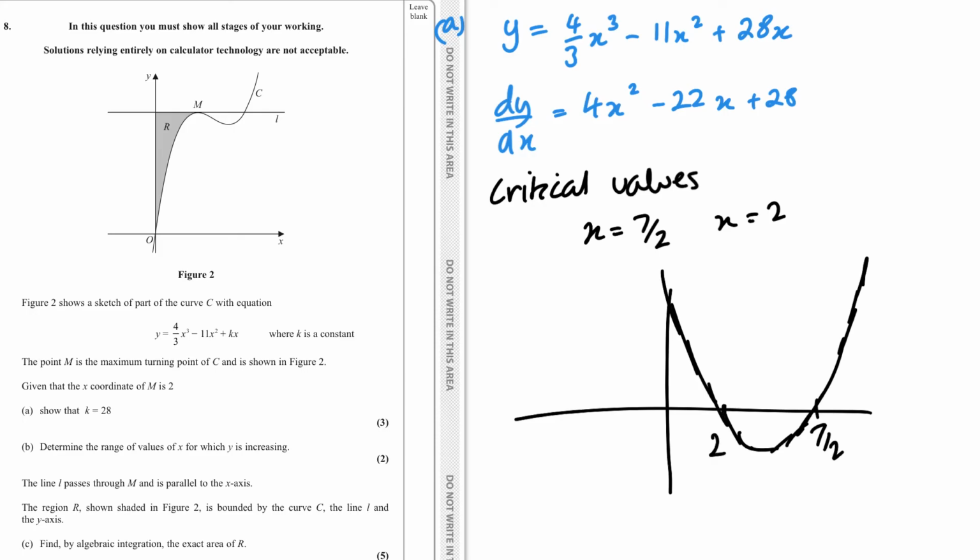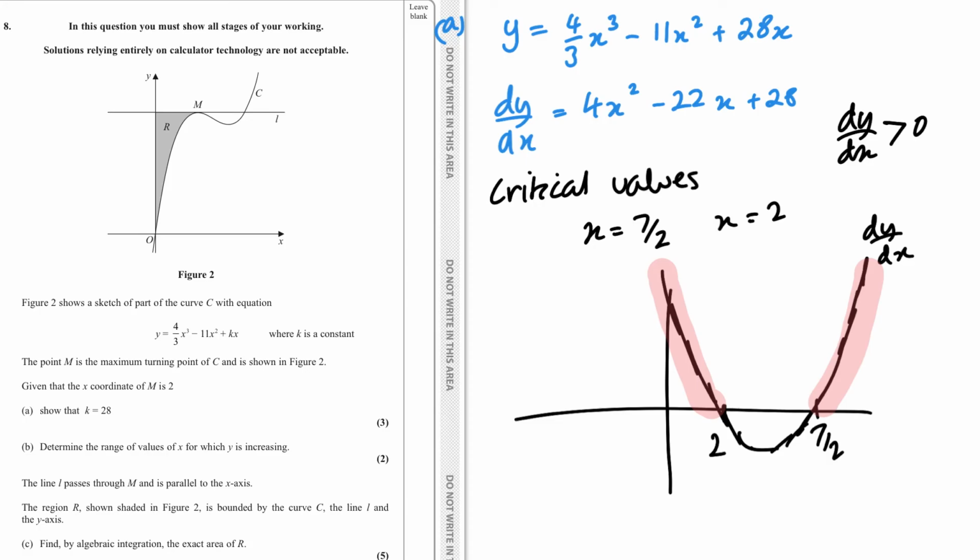So this is a rough graph for my dy by dx function. Now, as I said earlier, we want dy by dx to be greater than 0. That is going to happen in this part of the graph and this part of the graph. These are the parts of the graph where it is above 0.